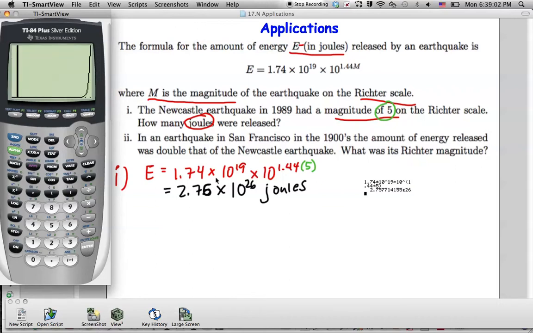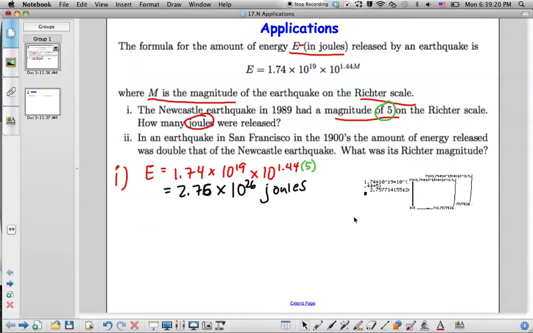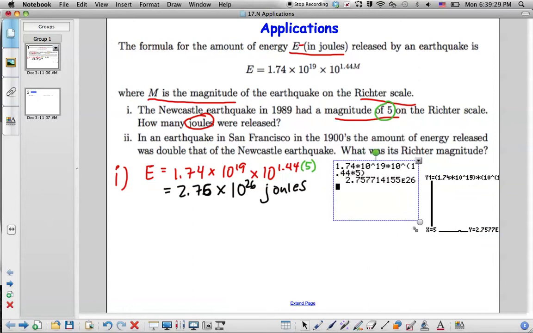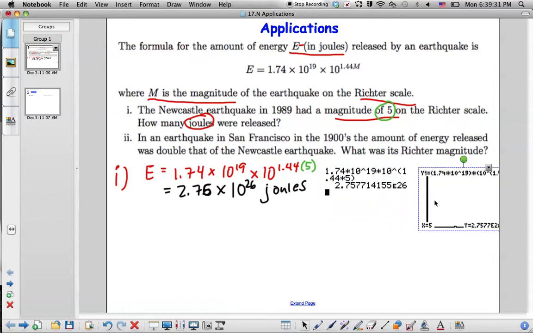And if I want to know when my magnitude is 5, I can do trace, and now it lets me enter in my x value, and I know my magnitude is 5, so I hit 5, enter, and there once again is our answer. So now we have confirmed it 2 different ways, one using the GDC and one with the calculations, and it's 2.76 again.